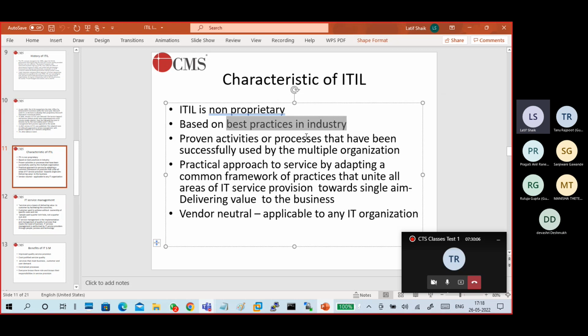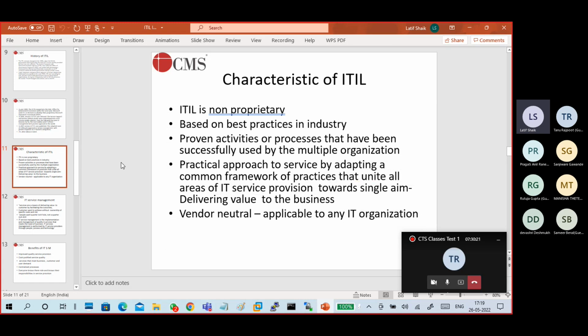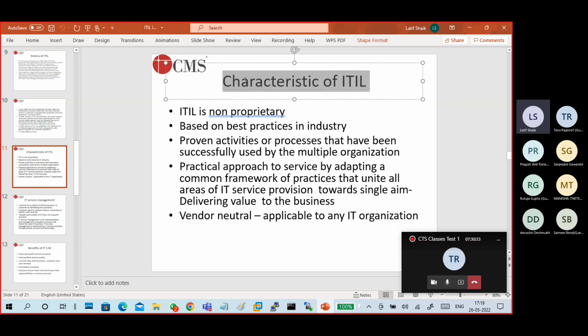Proven activities and processes that have been successfully used by multiple organizations. A practical approach to service by adopting a common framework of practice that unites all areas of IT service provision towards a single aim: delivering value to the business. Vendor neutral means any person, any organization can use ITIL. So these are the characteristics of ITIL.